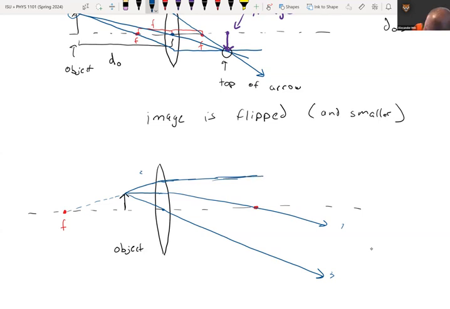Okay, and notice these three rays are never going to get closer. So do they make an image? Well, not one that you can actually project onto a screen, okay? But what is interesting about this is if we backtrace these rays to imagine where they would meet if we had these three rays but this lens were not here, where would these rays actually meet? So I'm going to backtrace these in green.